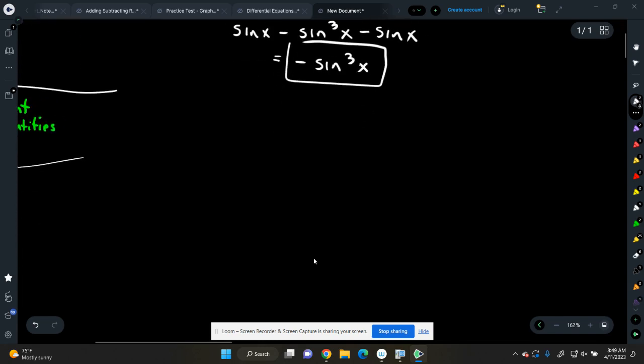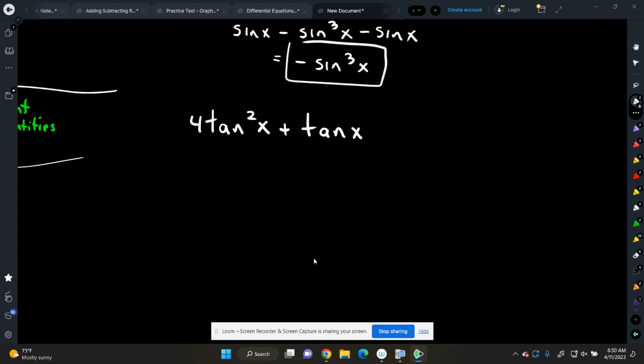Let's do 4 tangent squared x plus tangent x. Oh, that's a bad one. Shoot. I'm trying to find an easy one, and I'm not being successful here. Okay. Let's do this.